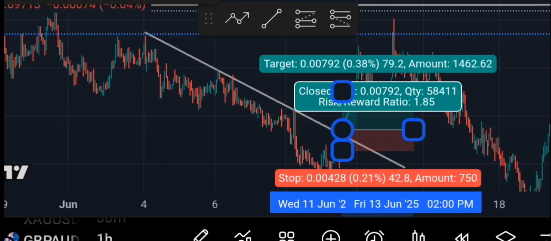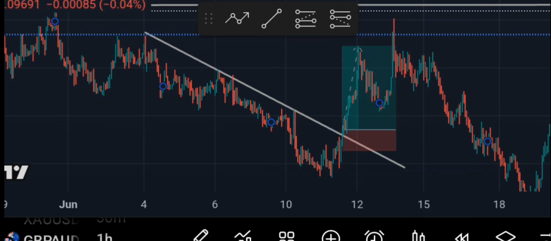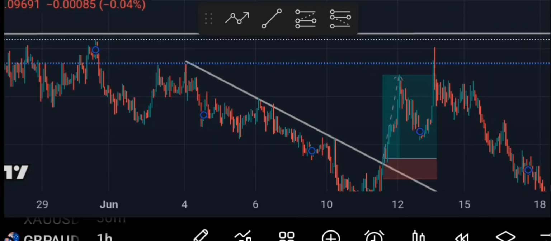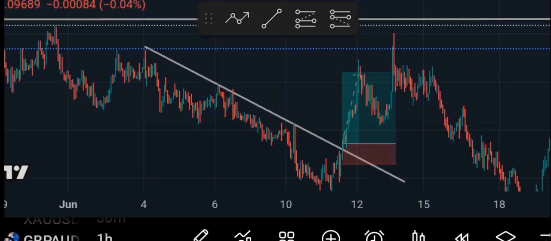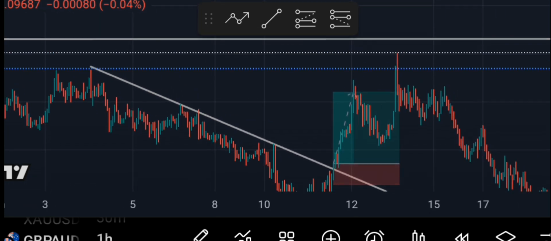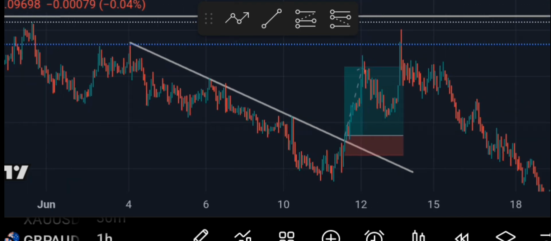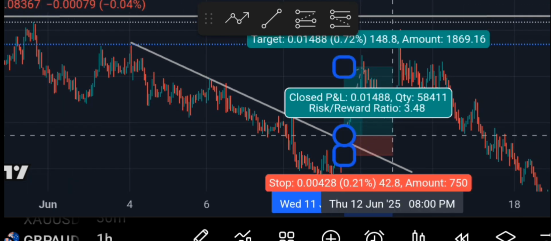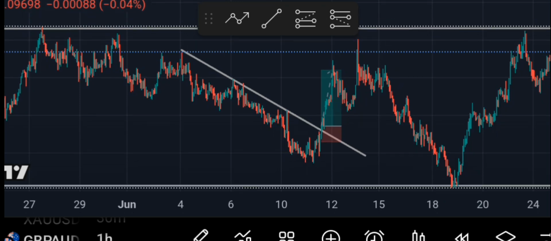On the first move, you have to target about 1:2, 1:3. You don't have to be too greedy with the market. This is how this strategy works, in order not to be too open in the market. I hope you are following, guys. So that's for that. It's very simple. All you need to do is to keep practicing.